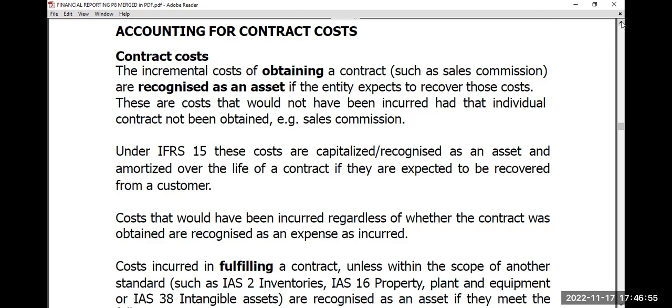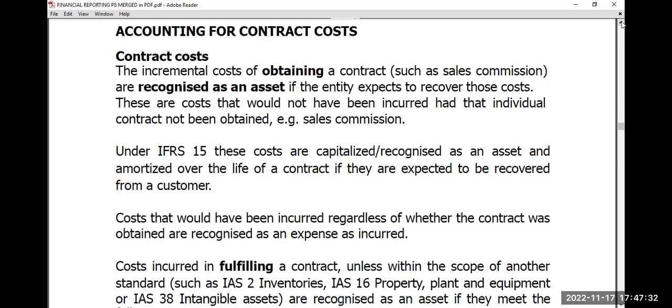One, the incremental costs of obtaining a contract. What happens here is that in a contract arrangement, we incur certain costs. Maybe we've got some brokers that have helped us to acquire this deal. Remember, when you are selling this, maybe it was through a bid arrangement, and we've incurred some costs to those brokers that helped us to get the contract.